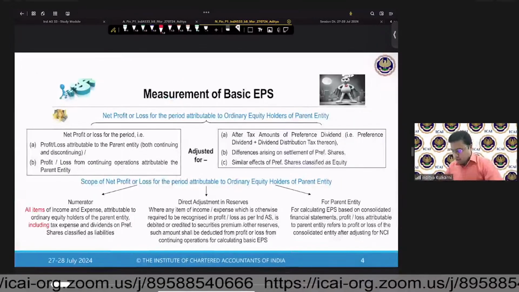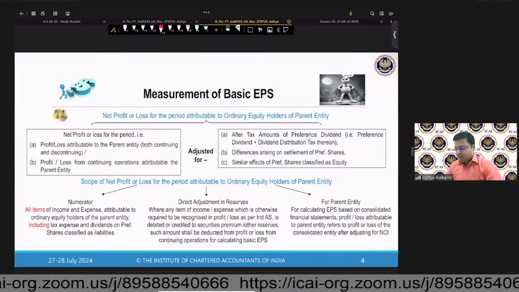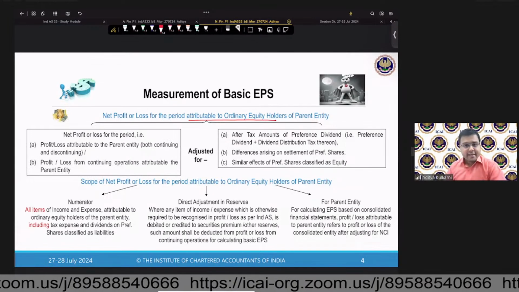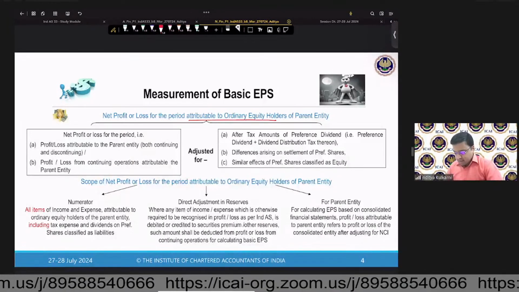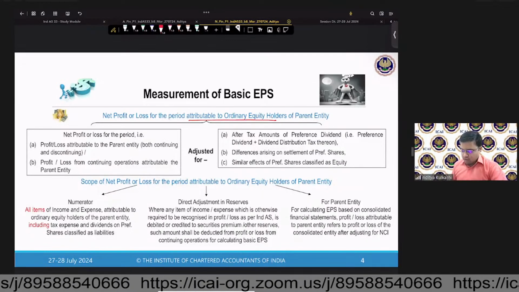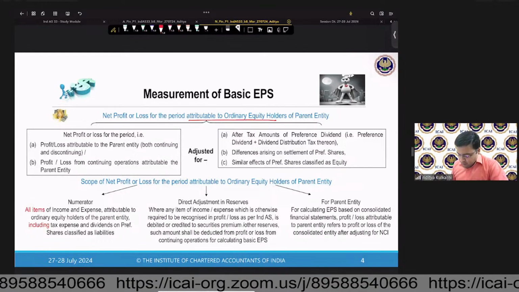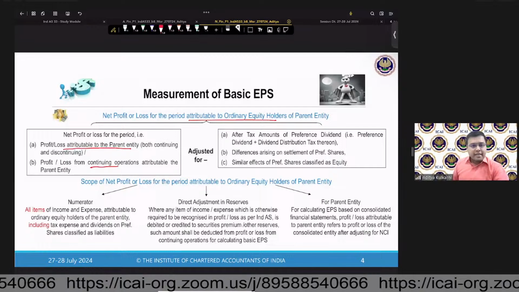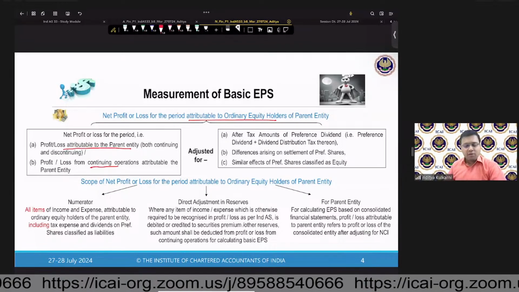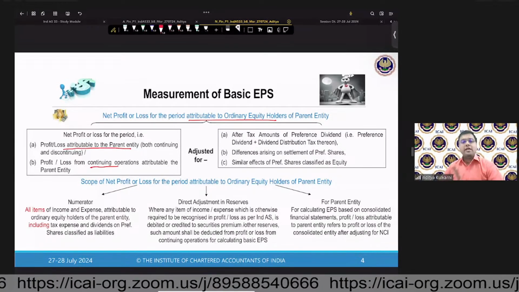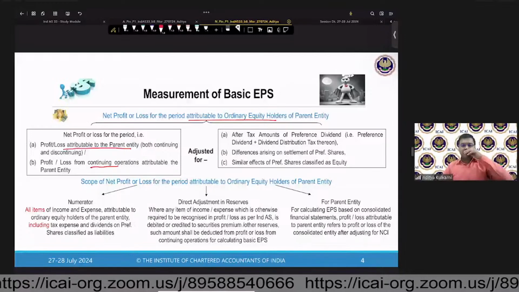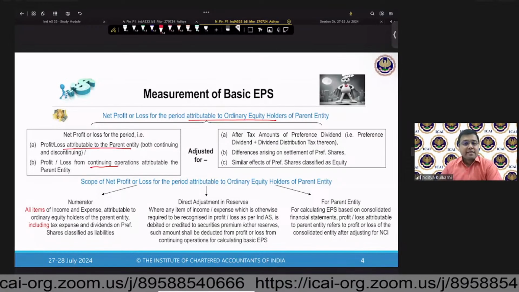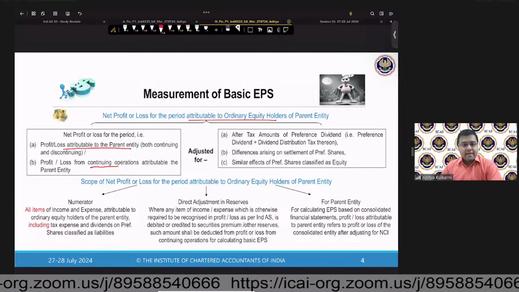All right. Now, when we talk about net profit or loss attributable to ordinary equity holders of the parent entity, what do I mean by that? This means it will be net profit or loss, that is profit or loss attributable to parent entity from continuing and discontinuing, as well as from continuing, adjusted for the following. We are computing from the perspective of the equity shareholder whose equity shares are subordinate to none in the capital structure.